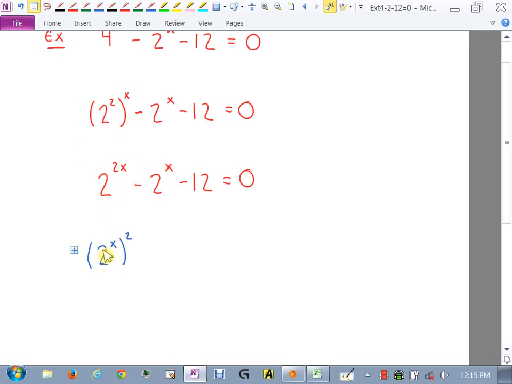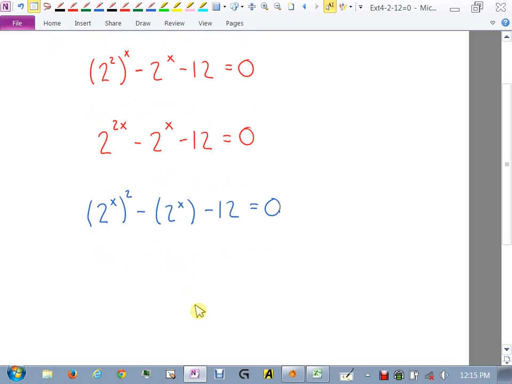But that's the same as 2 to the x squared, because you would do the same thing, right? Multiply these two, and you would get 2x. Do you agree with this? I put this in parentheses just to get you to focus on it a little bit. Y'all with me?